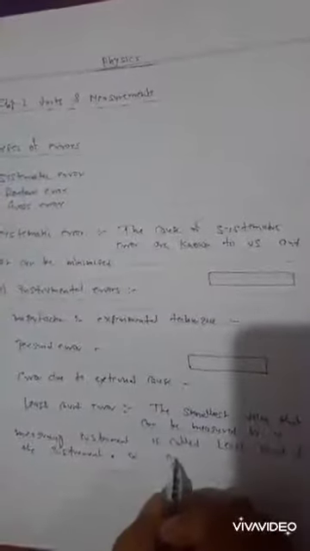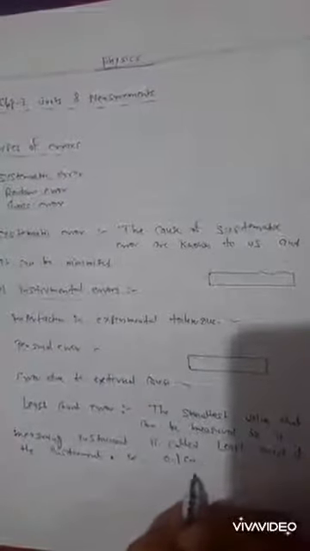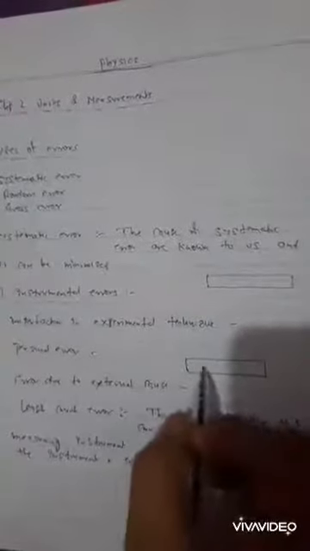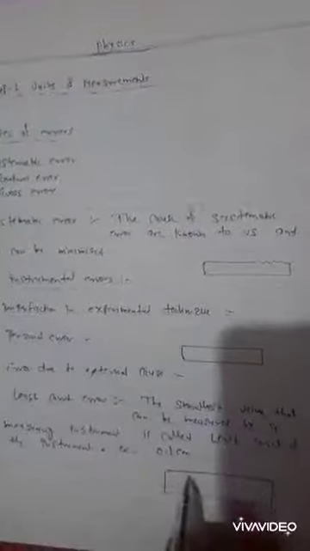So least count is the smallest value that can be measured by a measuring instrument. For example, in our meter scale, we are having 0.1 centimeter least count. As you see in your meter scale, suppose this is your meter scale and here it is 1 centimeter, here it is 2 centimeter.